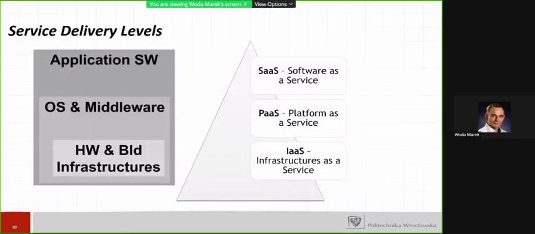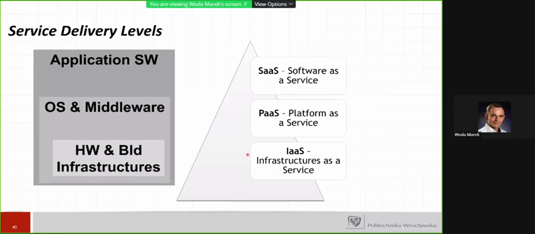ITIL is also dealing with service delivery levels. Right now we have a different approach. Previously we had some hardware infrastructure, an operating system, and applications, and it was very common for every organization. Now organizations are moving from this classical approach to the pyramid that you can see here, which will be decomposed into details in the following slide.